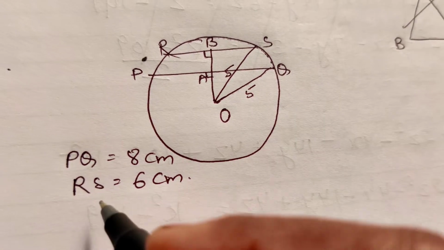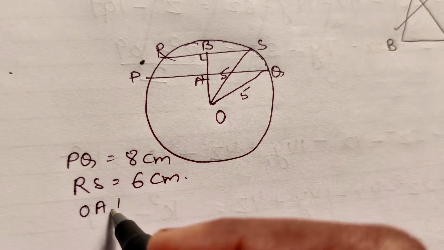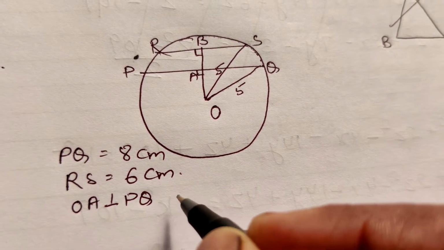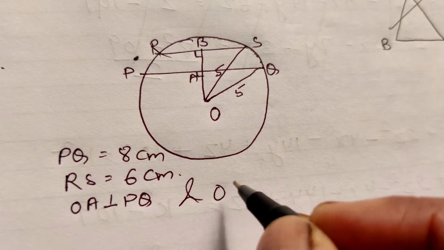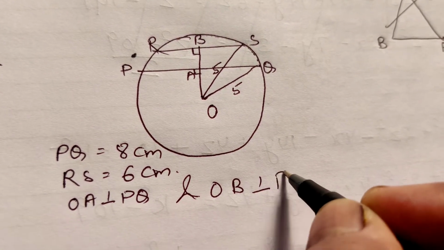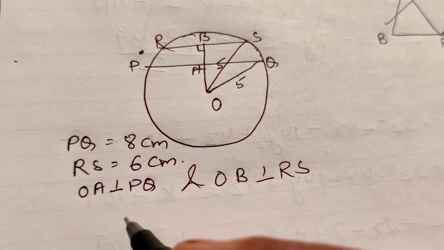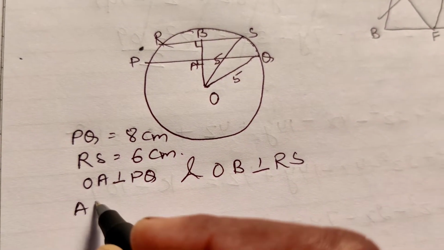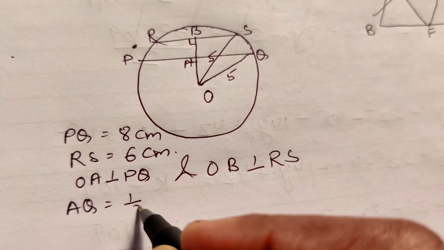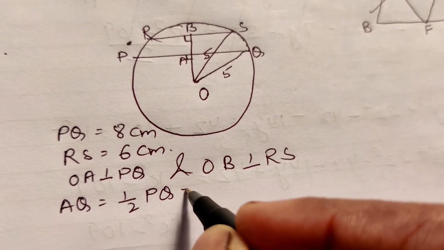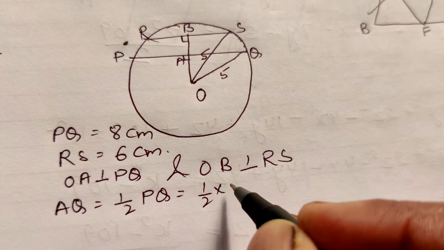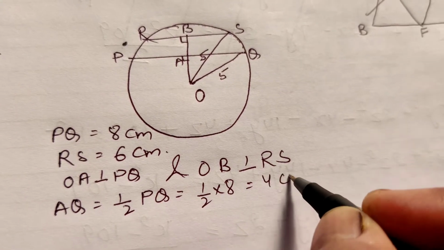The perpendicular distance, OA perpendicular on PQ, and OB perpendicular on RS. The perpendicular from the center always bisects the chord. It means AQ equal to half of PQ, 1 by 2 of 8, 4 cm.